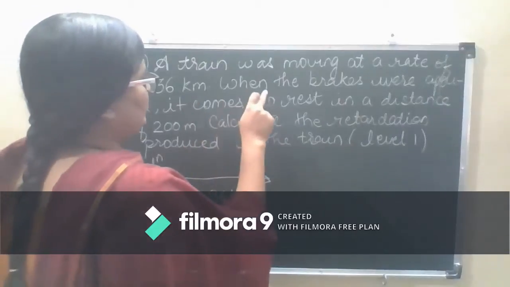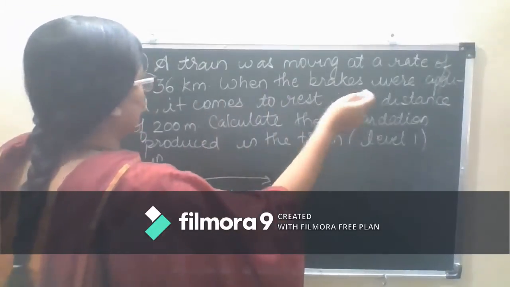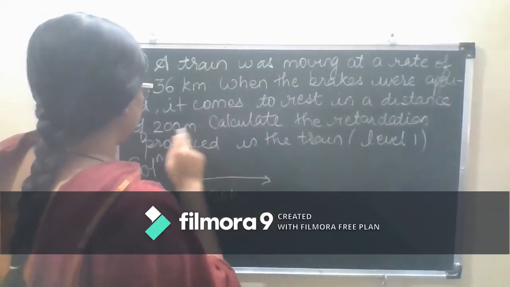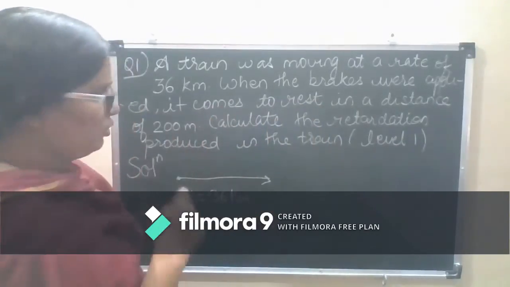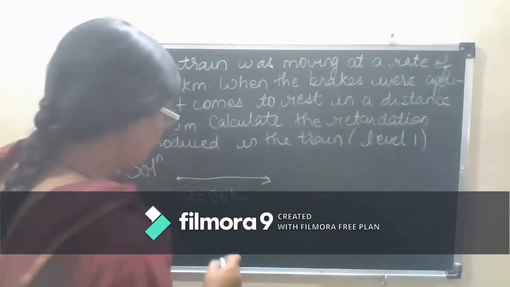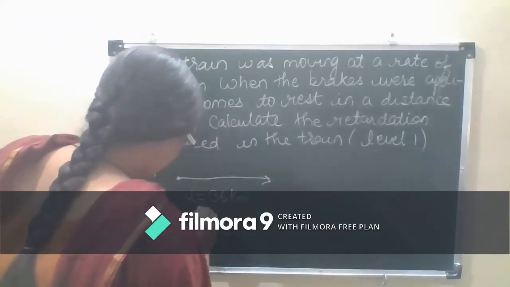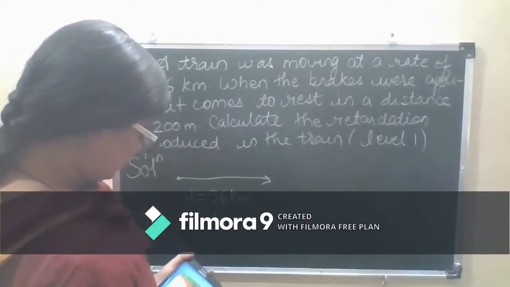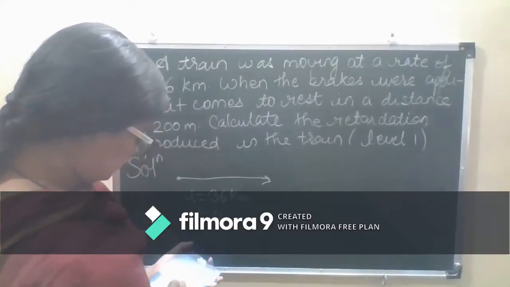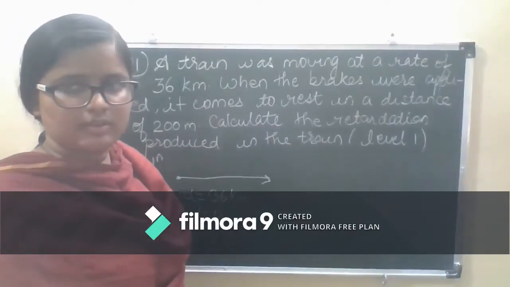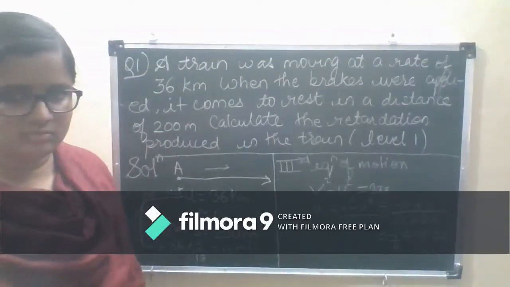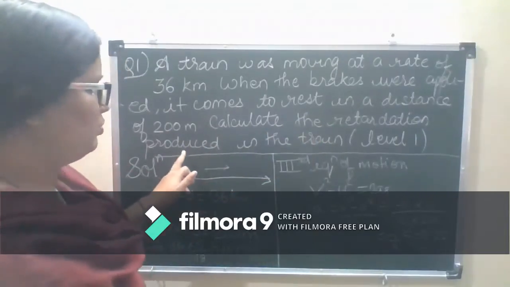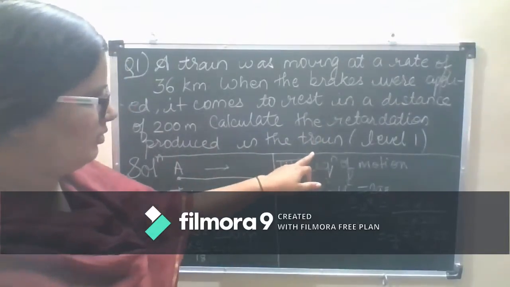When the brakes were applied, the train comes to rest at a distance of 200 meter. Then v is equal to 0. Calculate the retardation produced in the train.